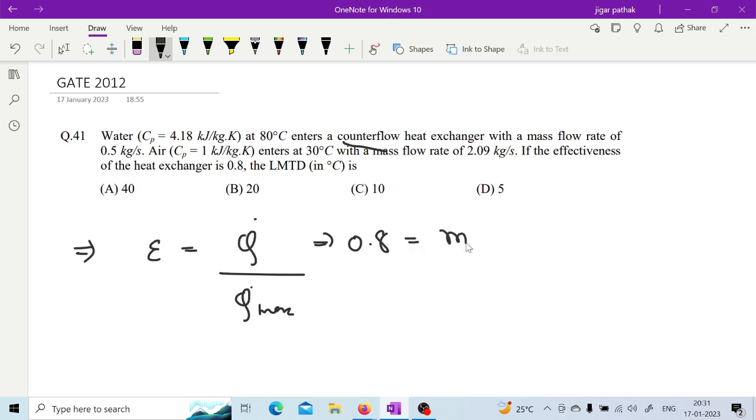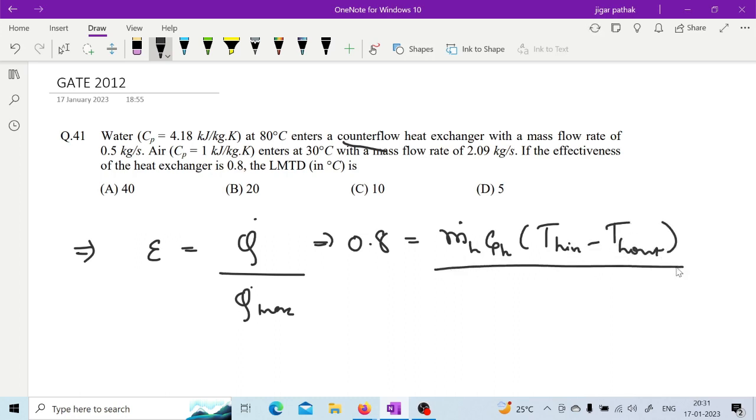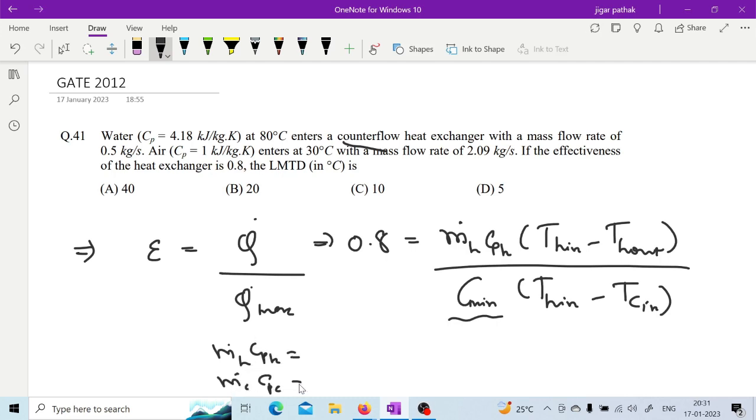If you consider first the hot fluid, then let us say mhCph times Th in minus Th out upon this Cmin times Th in minus Tc in. So for Cmin you need to first calculate both mhCph and mcCpc.